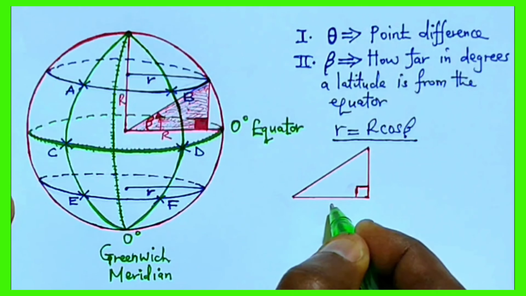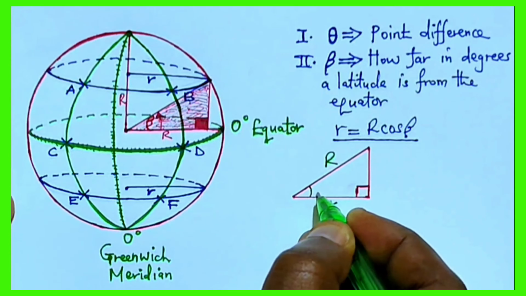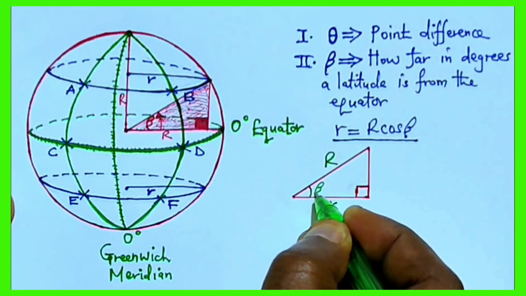So this will serve as our small r. And then this line from this point to the circumference will be the radius, because all the lines from the center touching the circumference are the radius of the circle. So this line is the radius. I'll capture it with the capital R. And therefore, the angle that is formed here, we've agreed that it is beta.